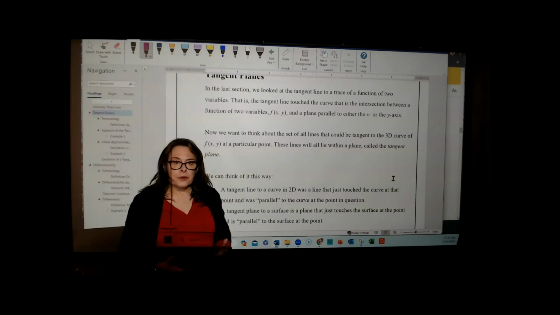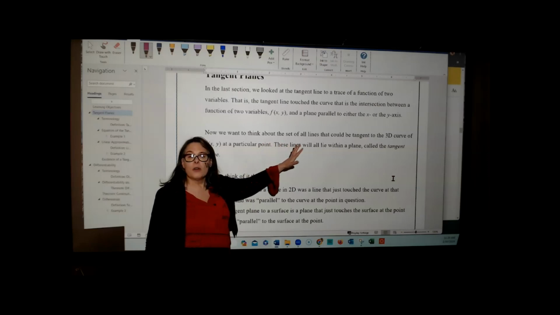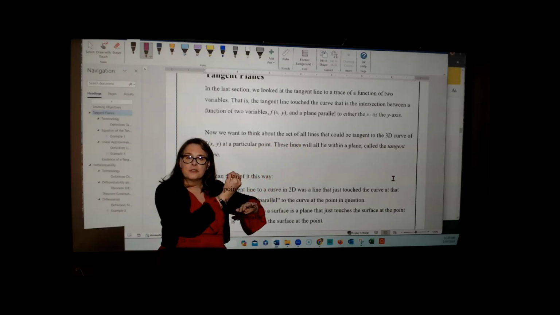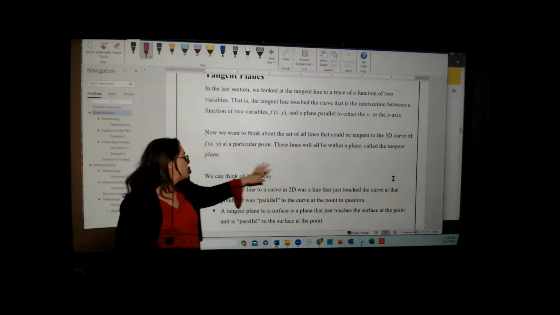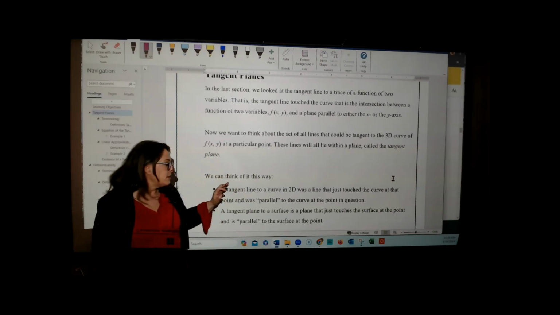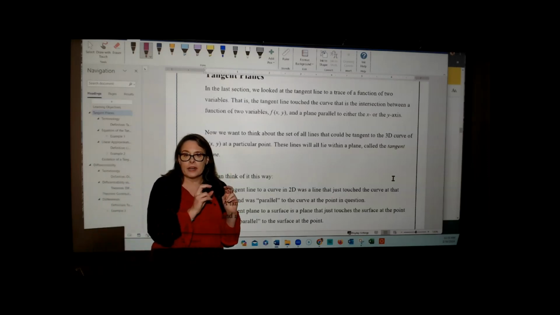Now that we're in three-dimensional space, we can think of the set of all those tangent lines spinning around, touching the surface at one point, as lying within the single plane called the tangent plane. We can think about the tangent plane in a sense being parallel to the surface at that point.